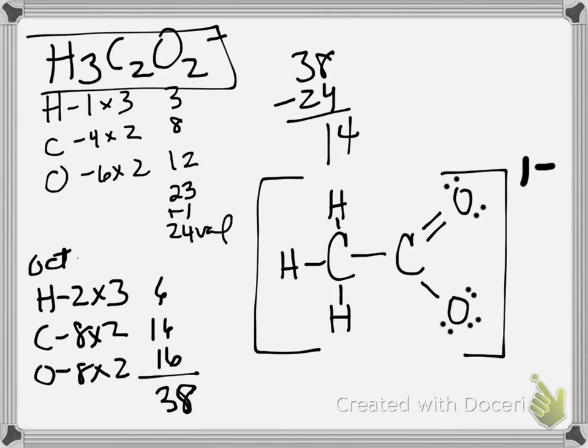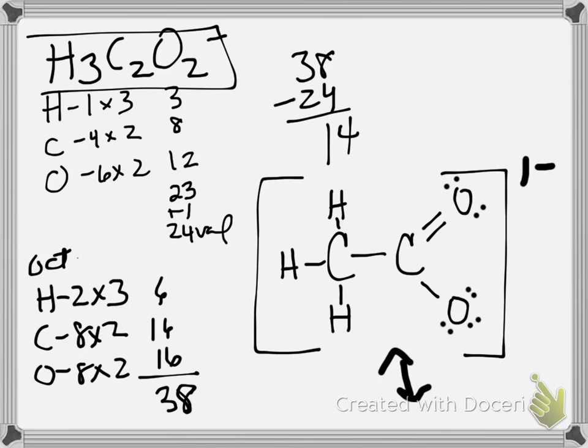If that was an OH and a double bond. If that was a hydroxyl group. How many unshared? So let's see. Had 24 valence and it's sharing 14, so it would have 10 unshared, 2, 4, 6, 8, 10. And there would be resonance with that because the double bond could exist in more than one place.